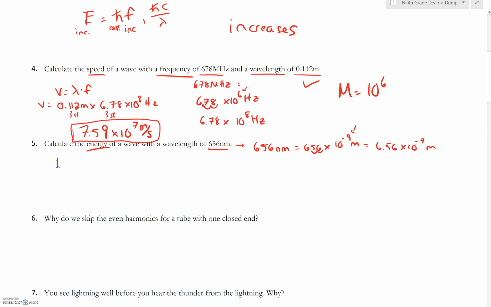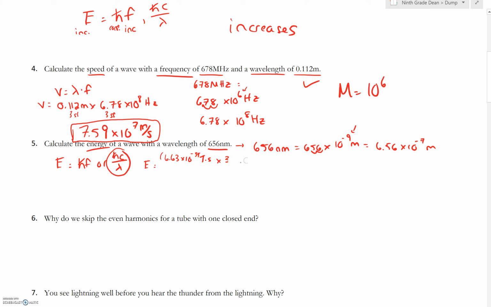So I know that the energy of a wave is h bar f or h bar c over lambda. Looks like I've been given the wavelength, so I need to use this formula right here. So I'm going to say that the energy is equal to, I'm going to plug in all my numbers. I'm going to plug in 6.63 times 10 to the minus 34 joule seconds. I'm going to multiply that by c, which is 3.00 or 2.998. Doesn't matter.